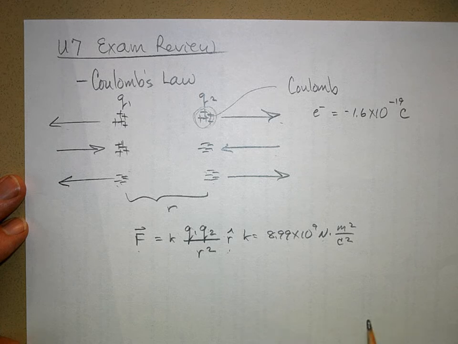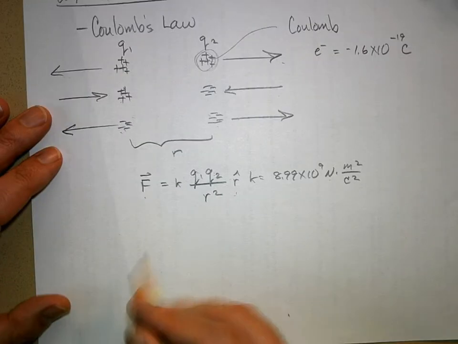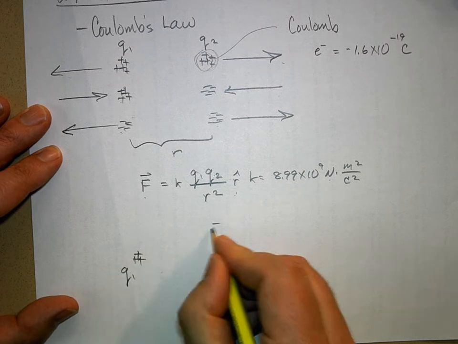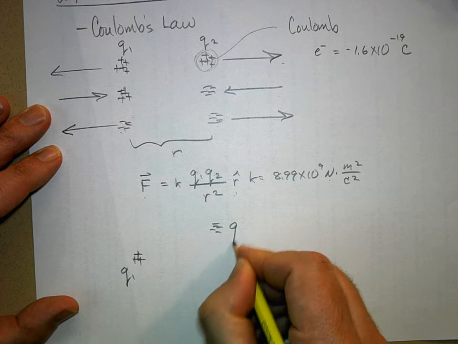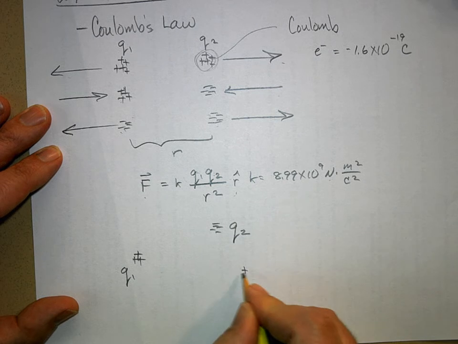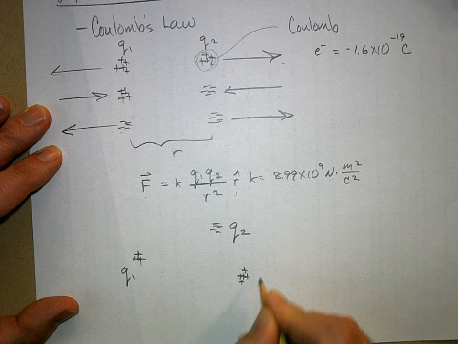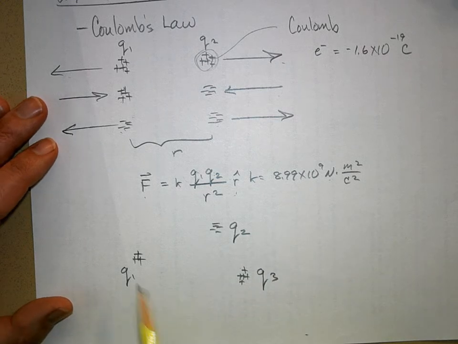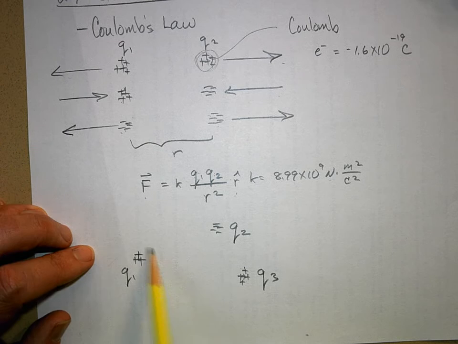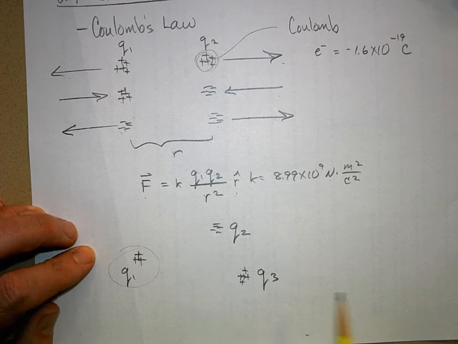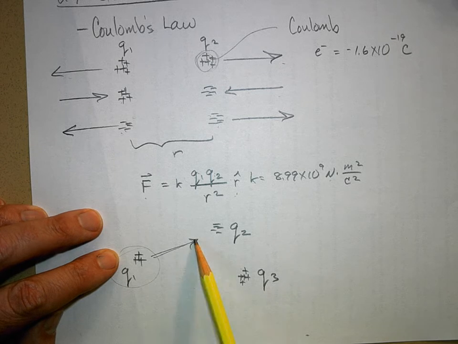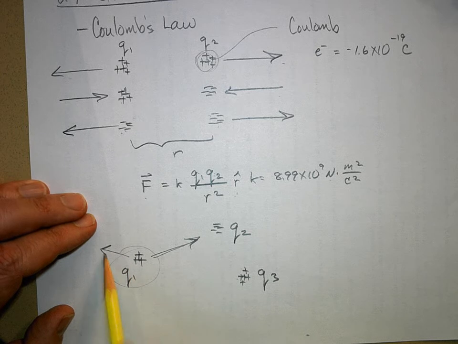But if I wanted multiple charges, I can do that. I can put Q1, Q2, and Q3, I can have multiple charges. And if I want to know what is the electric force on Q1, I would just add them together. Well, this one's trying to bring me in that direction. It's trying to attract. This one would be like this.